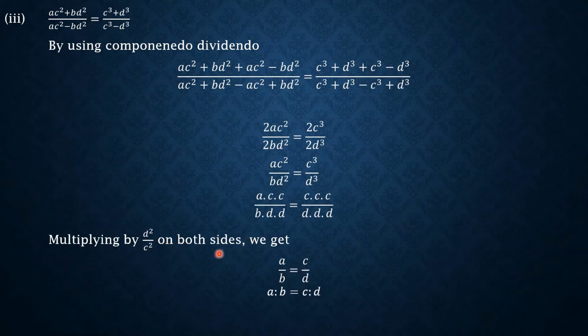So as we multiply d square by c square on both sides, we will cancel the extra terms and will get a over b equal to c over d, which can be written as a ratio b equal to c ratio d. Hence proved.